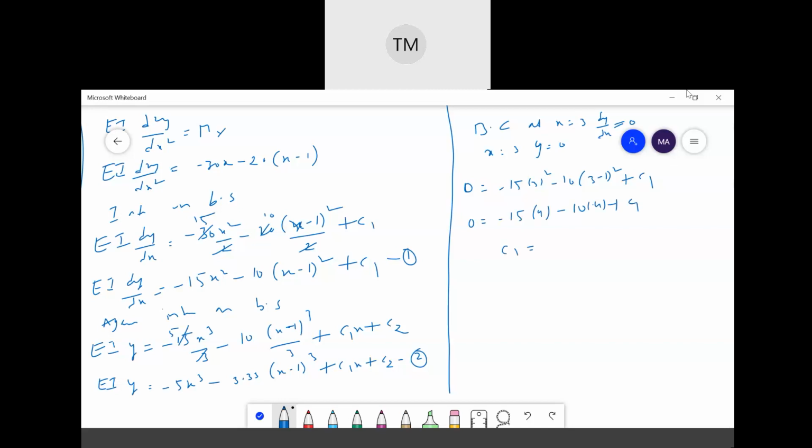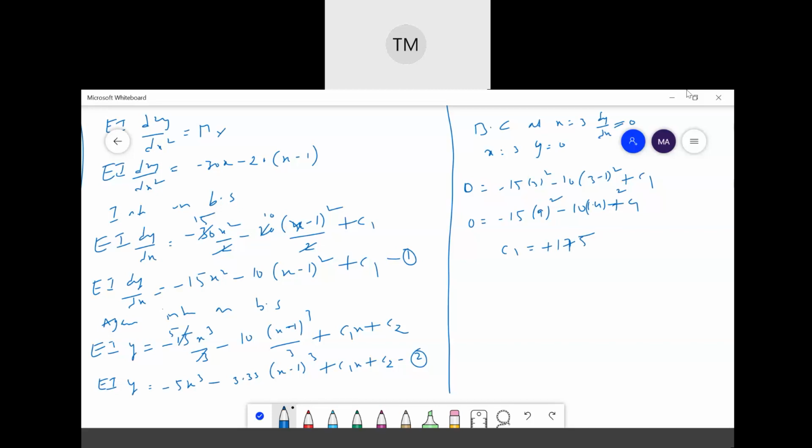What is the value of C1 here? This one is whole square. So when you simplify this one, C1 is plus 175. The value of C1 is plus 175. Is it clear?